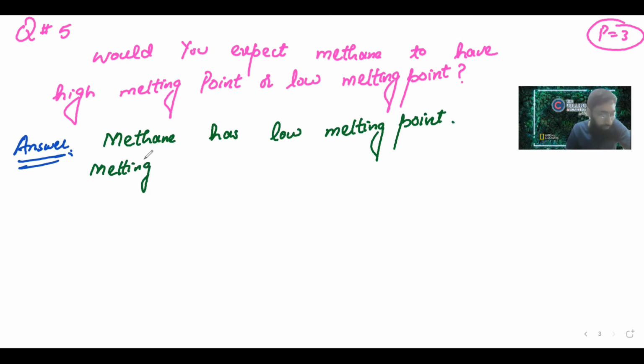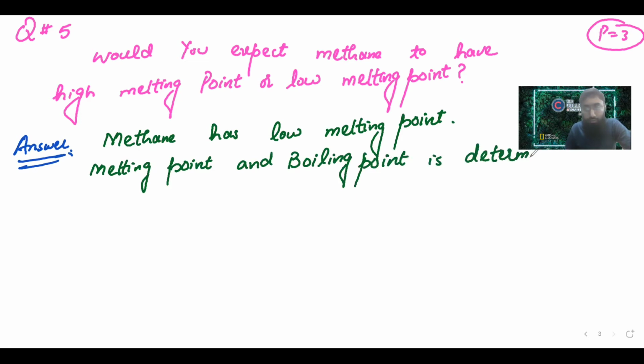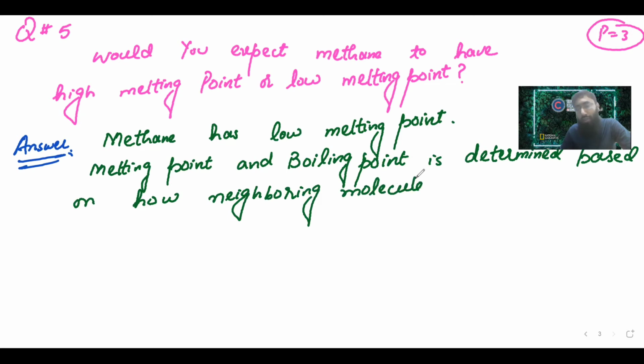Melting point and boiling point is determined based on how neighboring molecules interact with each other.